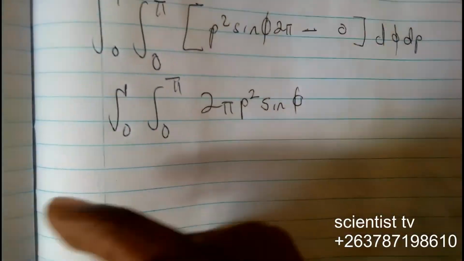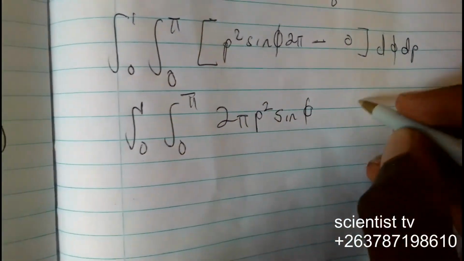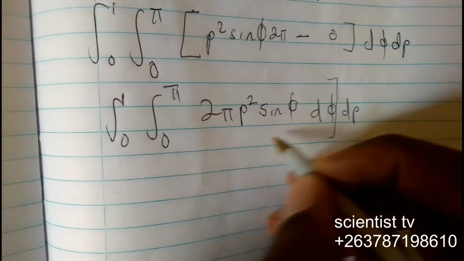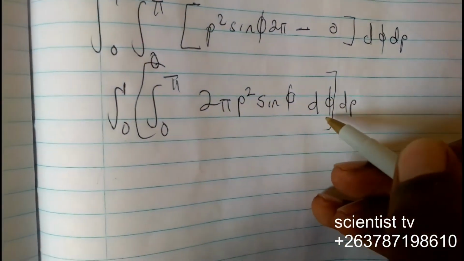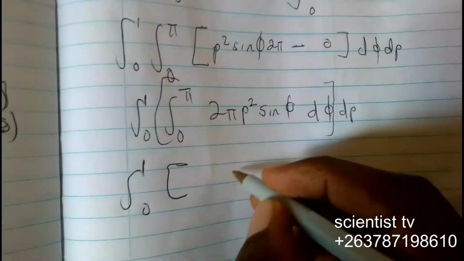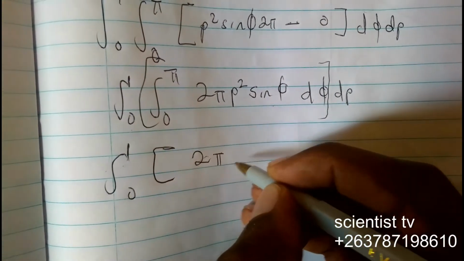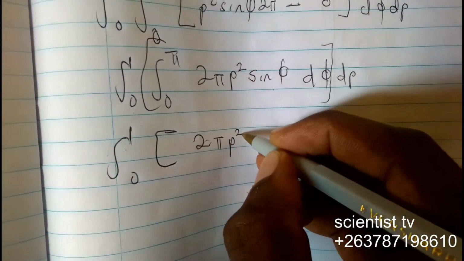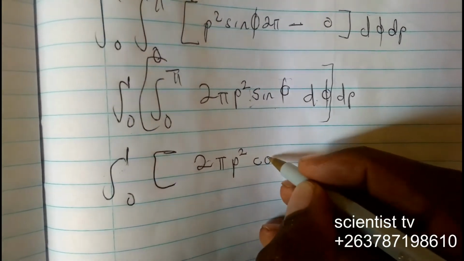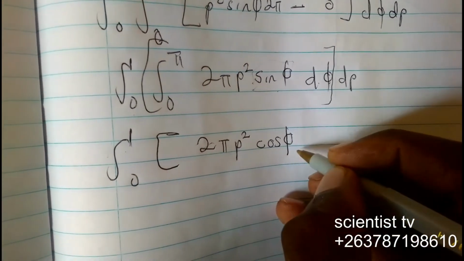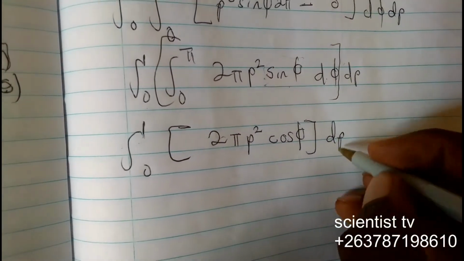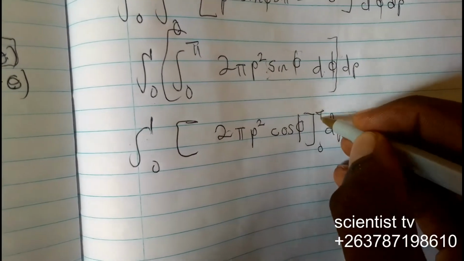Okay, now we're integrating in terms of d phi d rho. So now we're in this column. In terms of phi, this becomes the integral from 0 to 1 of 2 pi rho squared, and since in terms of phi, sine changed into negative cos phi, from 0 to pi.